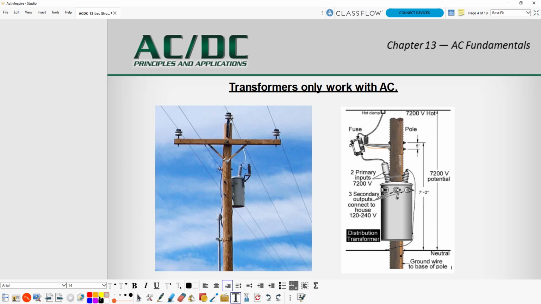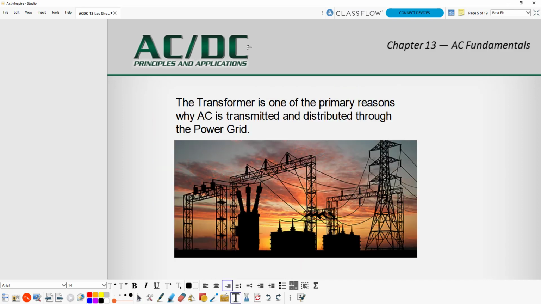So the reason why we use AC voltage instead of DC voltage throughout the power grid is because of the transformer. The transformer is one of the primary reasons why AC is transmitted and distributed throughout the power grid, so that the voltage can be stepped up or stepped down at the point of use.